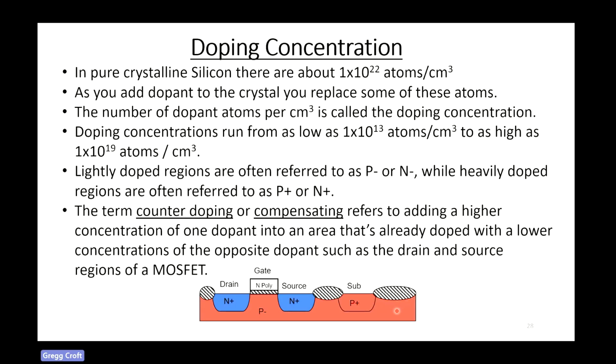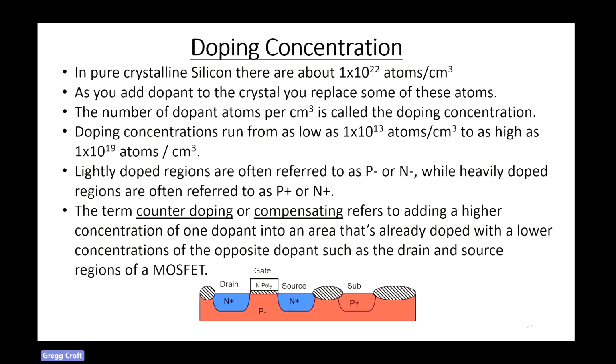So let's talk about doping concentration. In a pure crystal silicon lattice, there's about 1 × 10²² atoms per cubic centimeter. If you add dopant to the crystal, you're going to be replacing some of those atoms. So the number of dopant atoms per cubic centimeter is called the doping concentration.